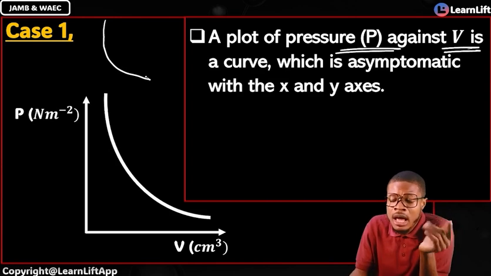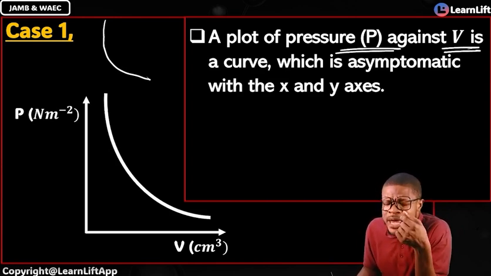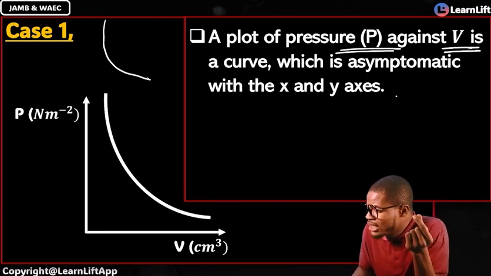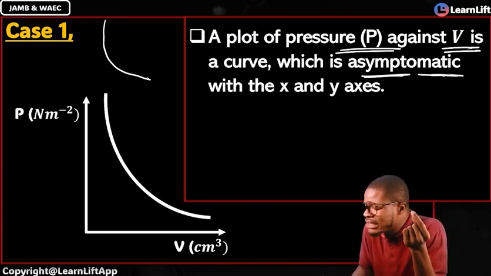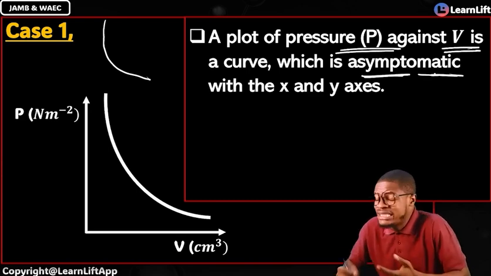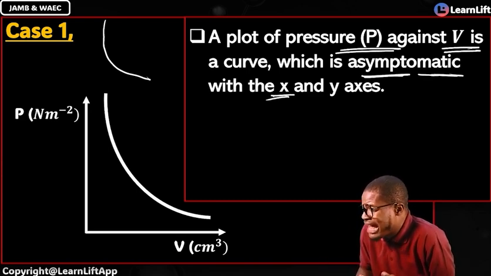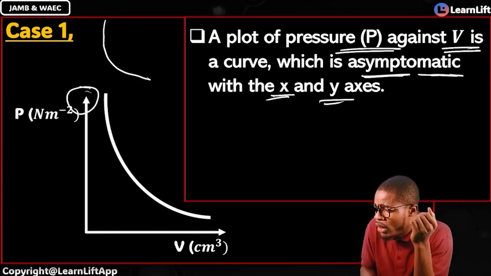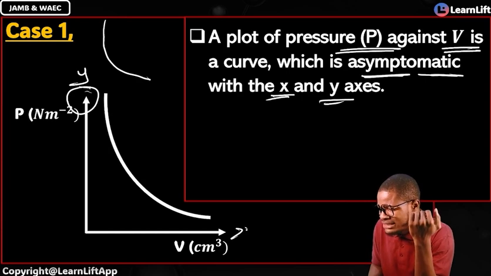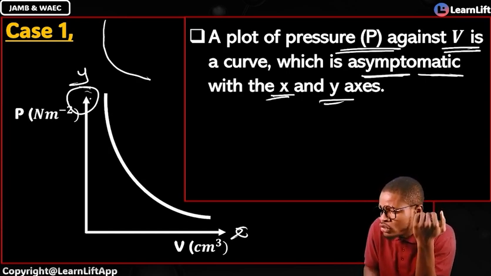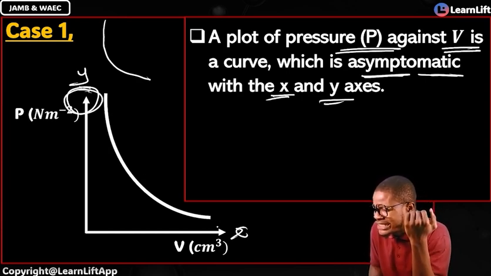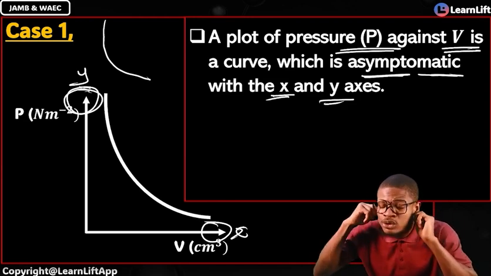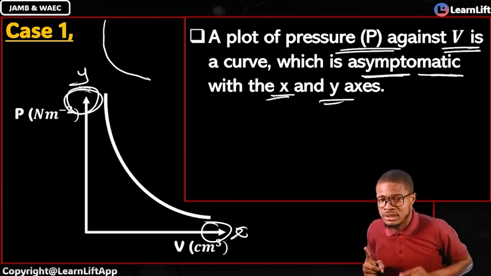The curve is asymptotic with both the x and the y axis. What does the word asymptotic mean? It means this curve is not touching the y axis and it is not touching the x axis. It's just curving down like that. That is number one.